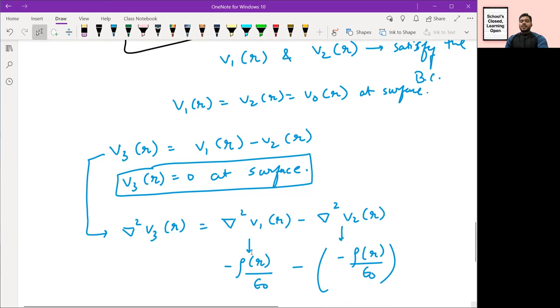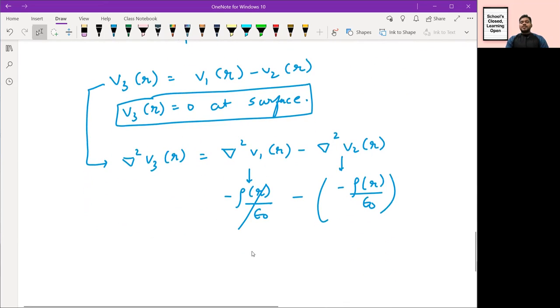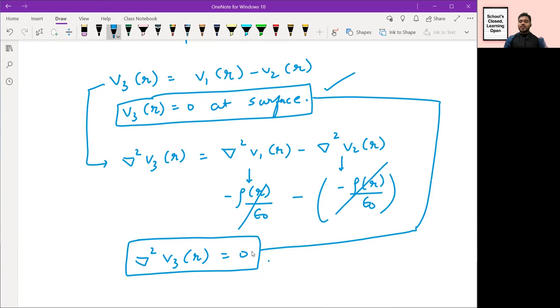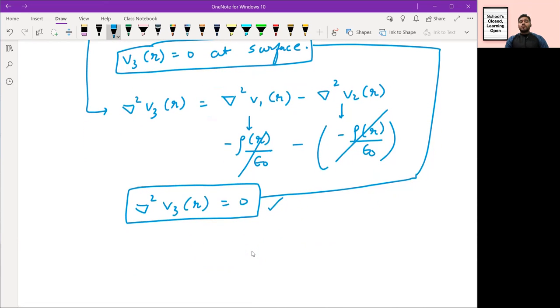So what we are getting is del square V3, again, is going to get cancelled. So del square V3(r) is 0 throughout the volume, and V3 is 0 at the surface. The combination of this result and this result is exactly the same as that of case 2. So we can say that V3 is always going to be 0 at all points within the volume.